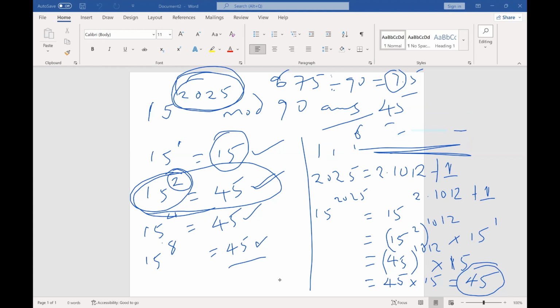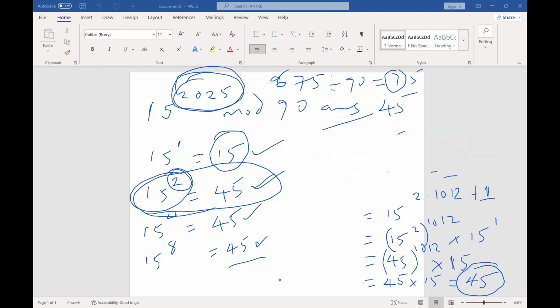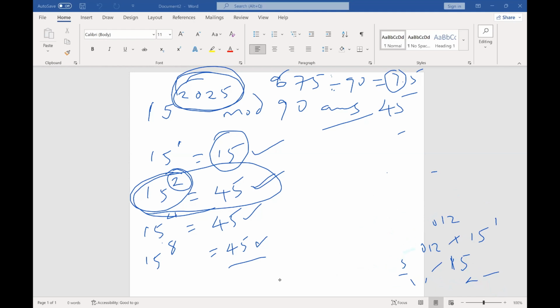So that makes our work even easier. So let's just continue squaring.